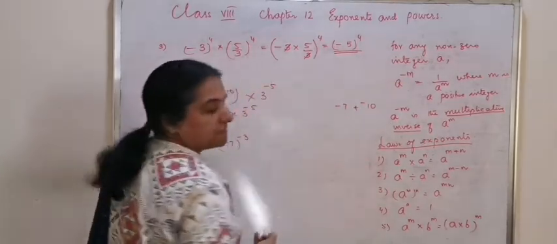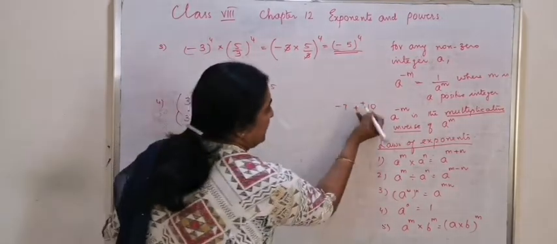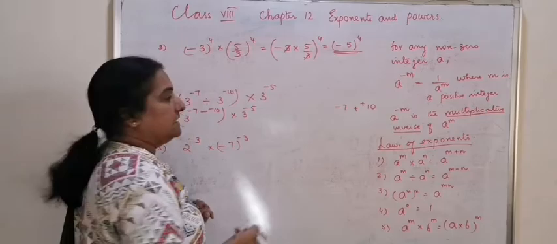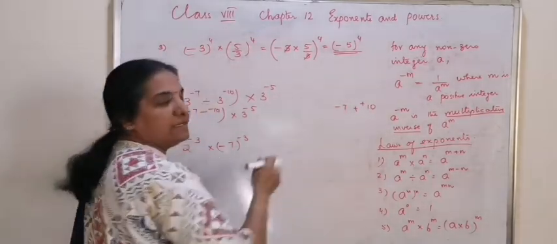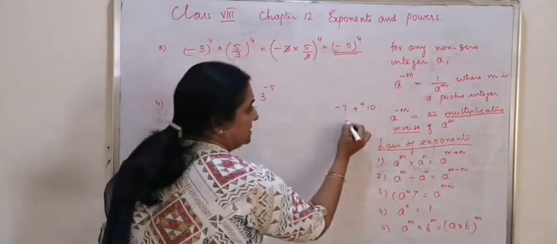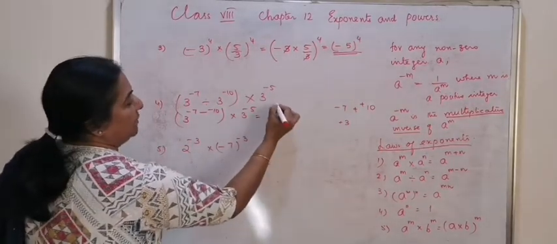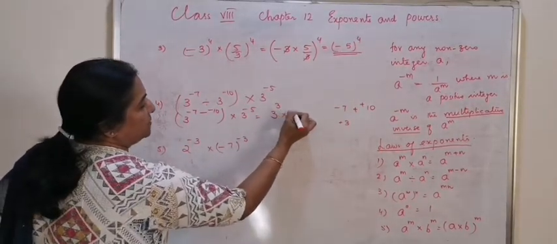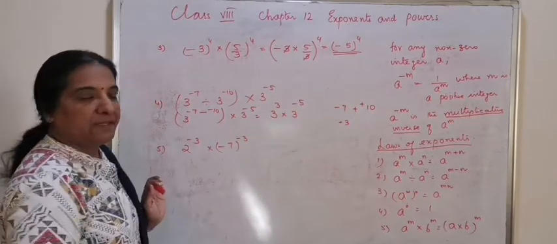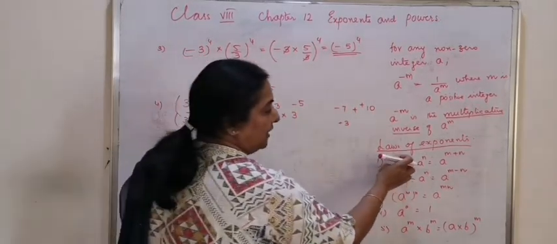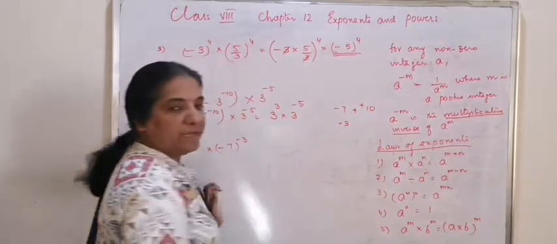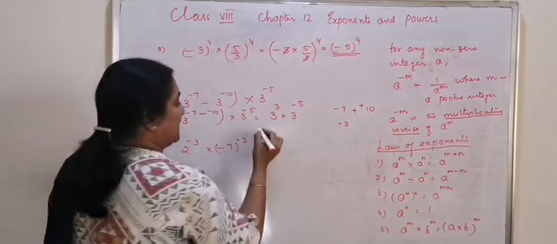You change subtraction into addition, change the sign of the second integer. And now 10 minus 7 is 3. Sign of the integer is positive 3. So it is 3 to the power of 3 into 3 to the power of minus 5. Then again the first law, a raised to m into a raised to n is a raised to m plus n.